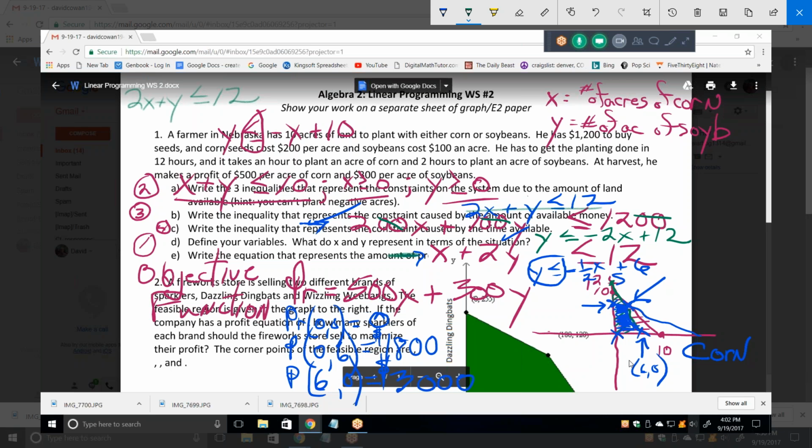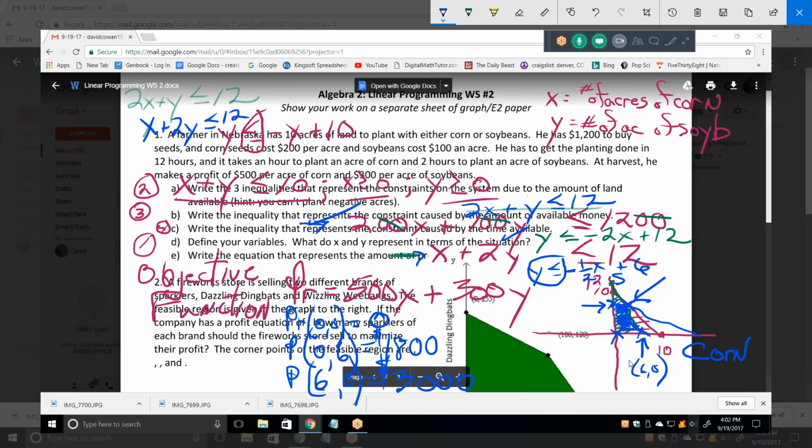X plus 2y has to be less than or equal to 12. No, excuse me. I want to write this in blue. X plus 2y has to be less than or equal to 12. That's the time constraint. Okay?